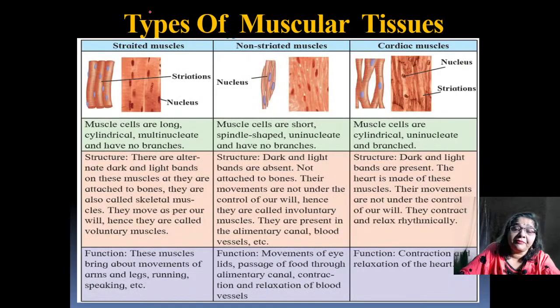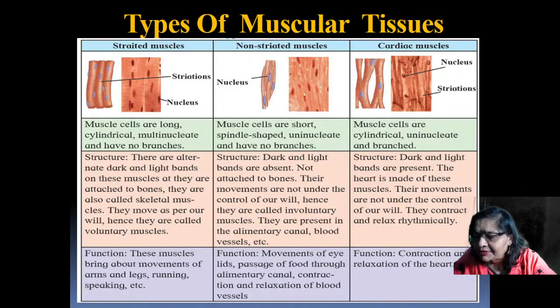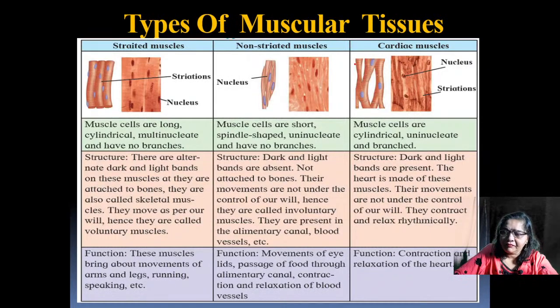Let us see the different types of muscular tissues. There are three different types: the striated muscles, the non-striated muscles, and the cardiac muscles. The striated muscles are those muscle cells which are long, cylindrical, multinucleated, and they are not branched at all.